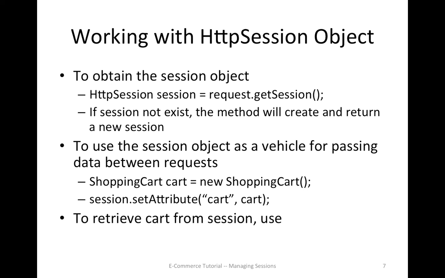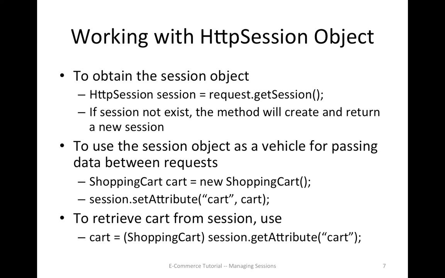Now, after we pass this shopping cart object to the session as a session attribute, we can retrieve this cart from the session by using the following code. ShoppingCart cart equals session.getAttribute cart. Now notice session.getAttribute cart will return an Object, so you need to cast this object down to a ShoppingCart object.